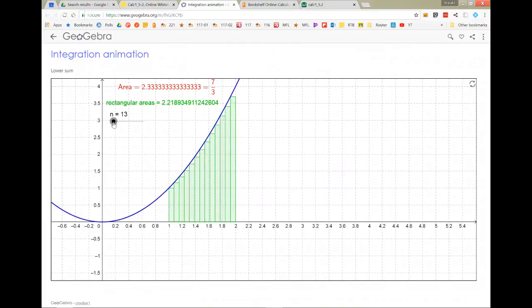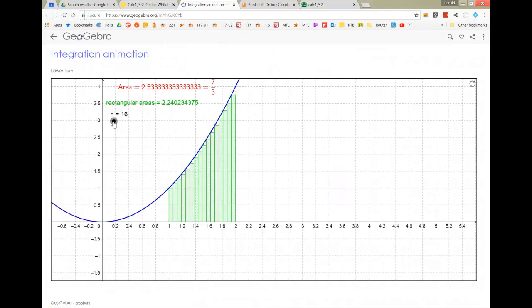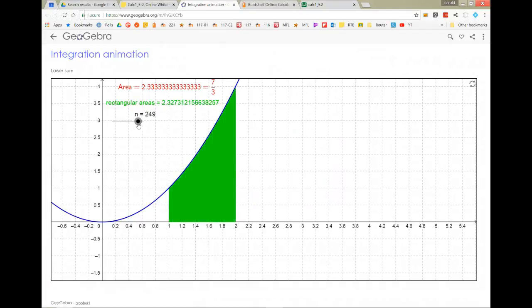And as that gets bigger, you can see how when you add up all the rectangles, we're getting really close to the actual value below the blue curve. And in fact, if n approaches infinity, and we can do that by limits, then we're literally winding up with the area under the curve.